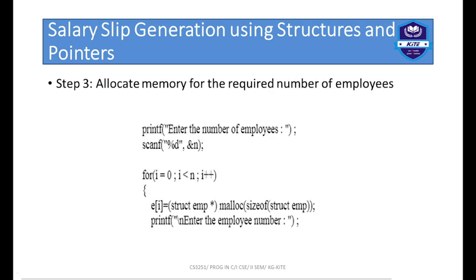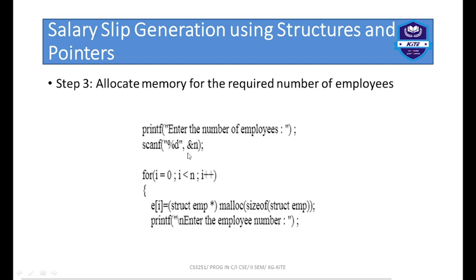The next step is to allocate memory for the required number of employees in an organization. The number of employees working in an organization will vary from organization to organization, and hence it needs to be obtained at dynamic time.